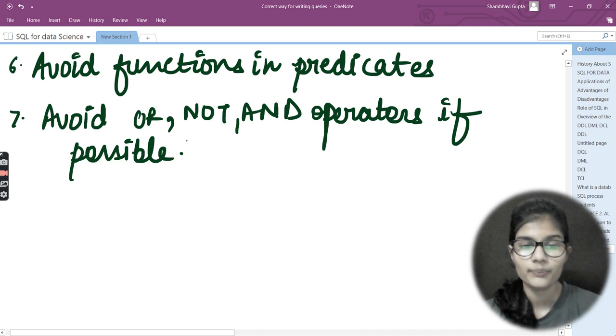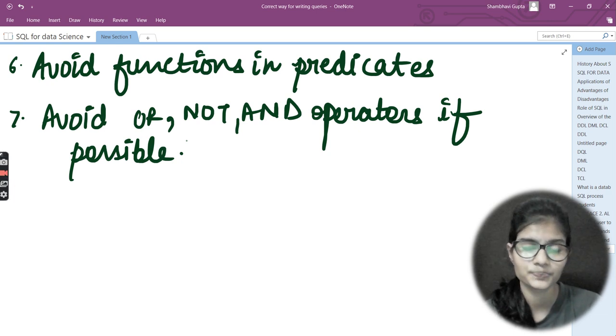So basically whenever we use the or and not operators, in that case you should try to avoid them. Why? Because in the case of large databases, it is better to find replacements for these, to speed up the execution of the query. Whenever you want to speed up the execution of the query, try to avoid the or, not, and operators here.